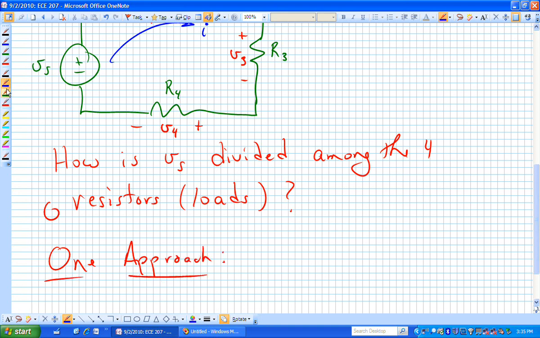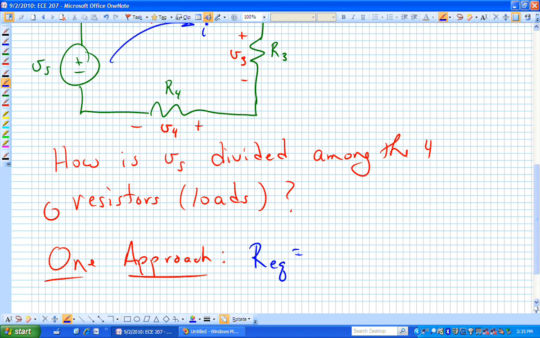One approach. Those resistors are all in series. Let's then find their equivalent. If we know the equivalent resistance, then we can divide that into the voltage that's being supplied to the entire circuit, and we have our current.